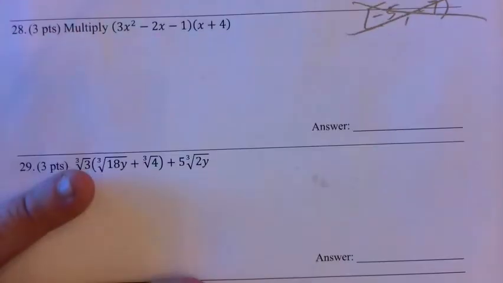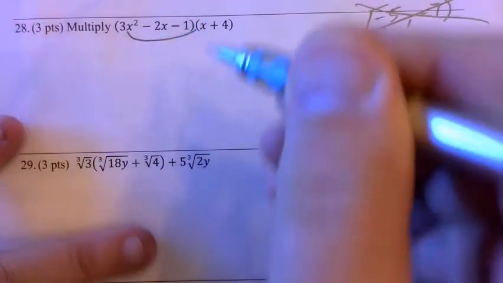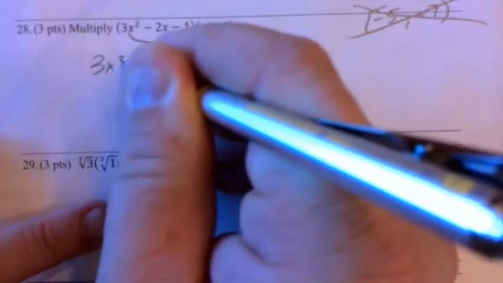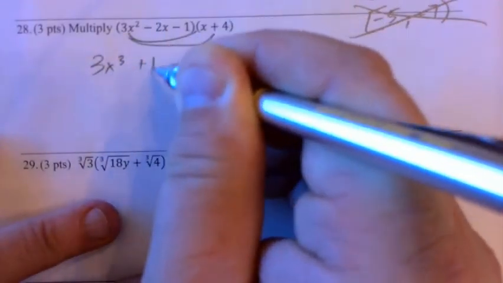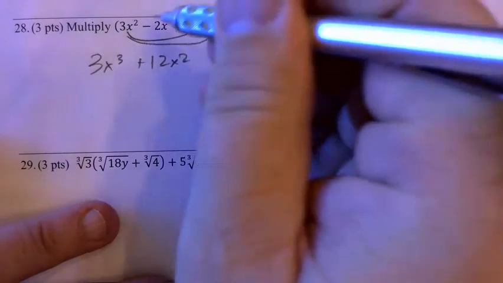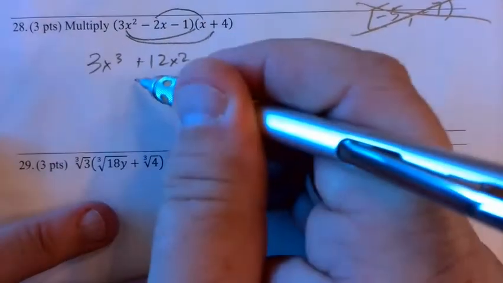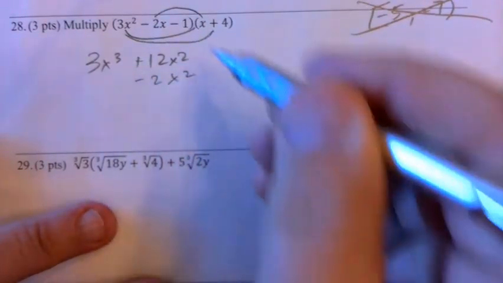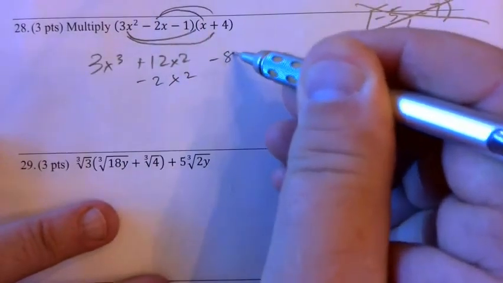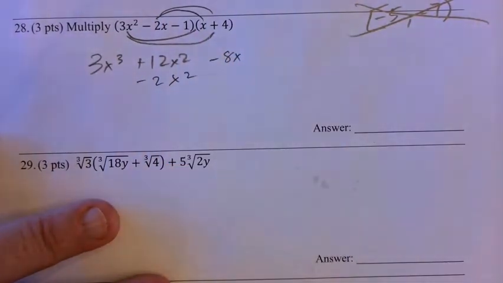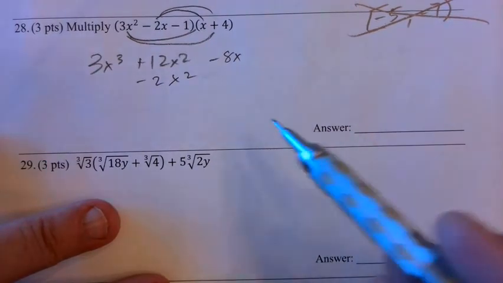Multiply. Didn't I do one of these already? Okay, 3x squared times x, that's 3x cubed. 3x squared times 4, that's 12x squared. Okay, good. -2x times x, that's -2x squared. -2 times 4, that's -8x. I'm starting to stack these because I know I'm going to combine like terms eventually, right?